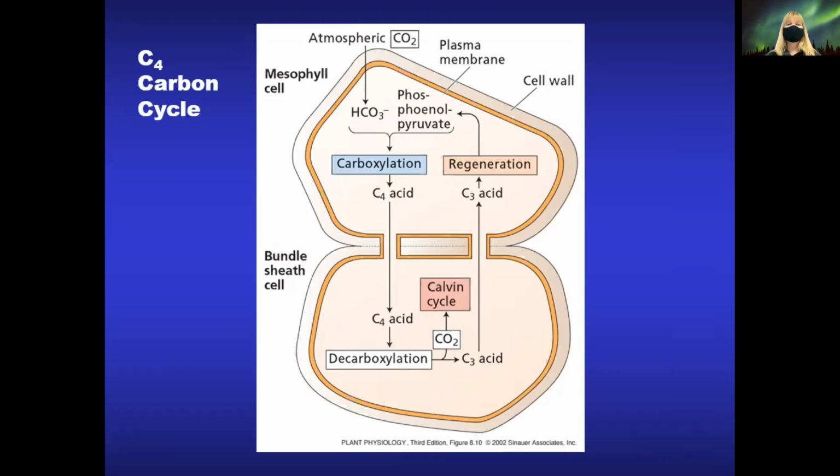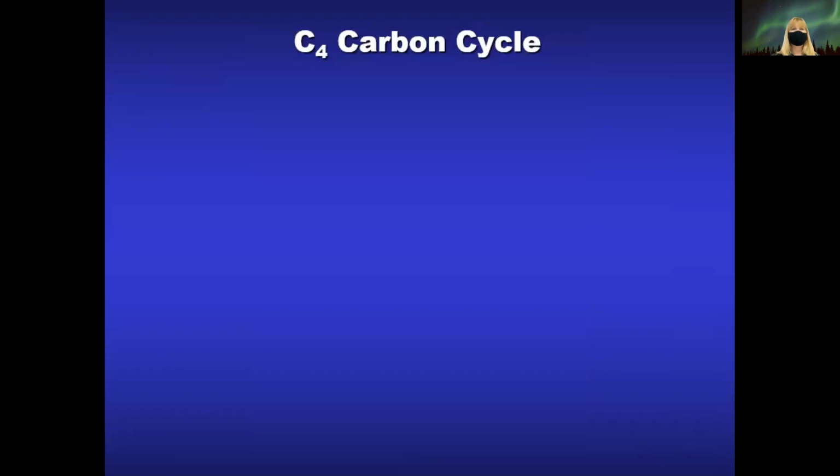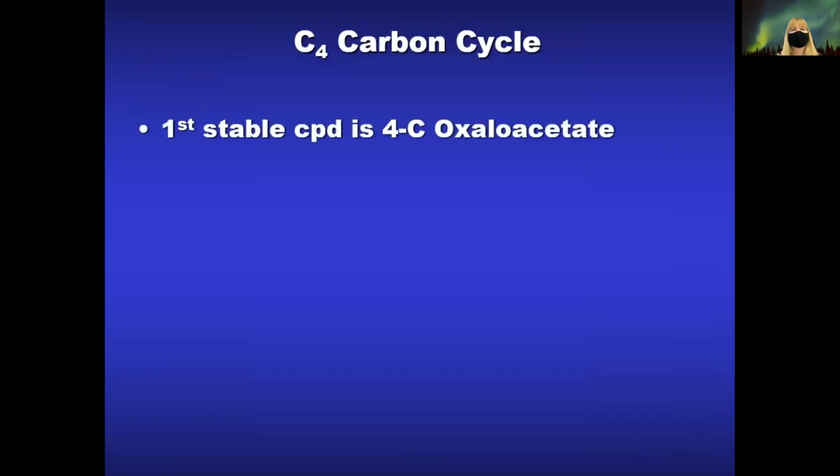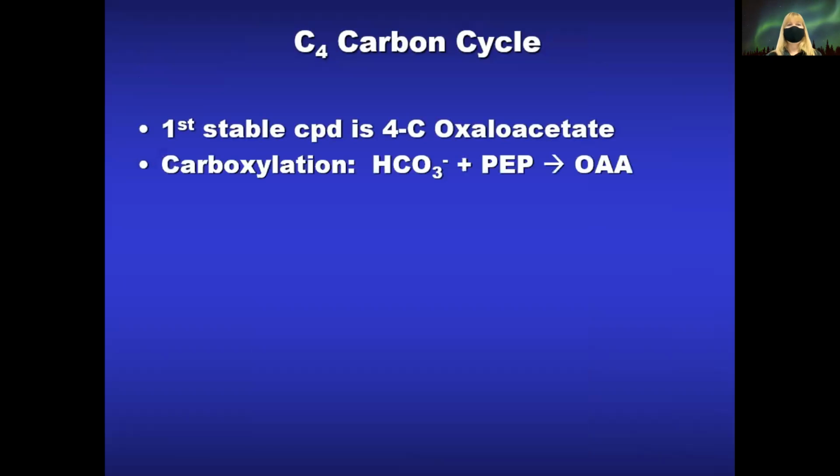Okay, so in words, if you're more of a read-write person, what we're talking about from that previous slide is here. So when you run the C4 cycle, the first stable carbon compound is oxaloacetate, which you can abbreviate down to OAA. So that's when CO2 comes in, and when CO2 dissolves in water, then it becomes a bicarbonate.